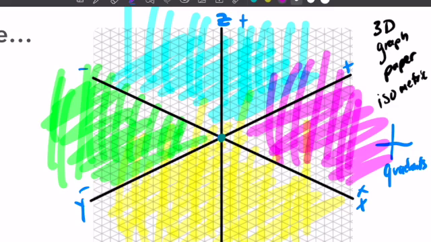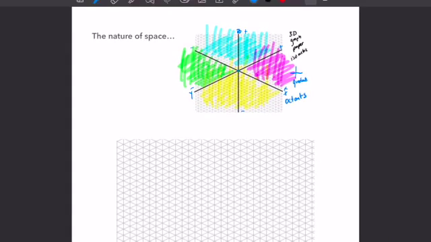Well, that is all those above that horizontal plane. And there's another 4 below. So there are 8 octants. Now, for our purposes, we are going to focus today in on just really we want to visualize one octant.